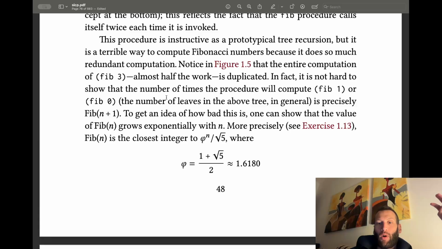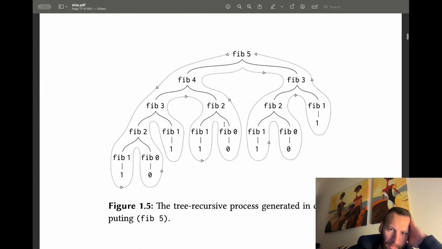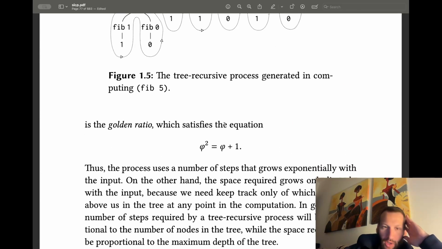approximately 1.6180, which is of course the golden ratio and which satisfies the equation phi squared is equal to phi plus 1.